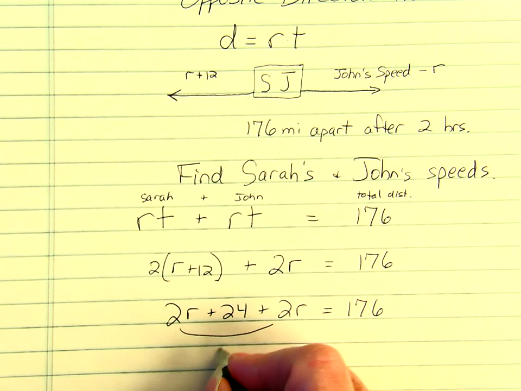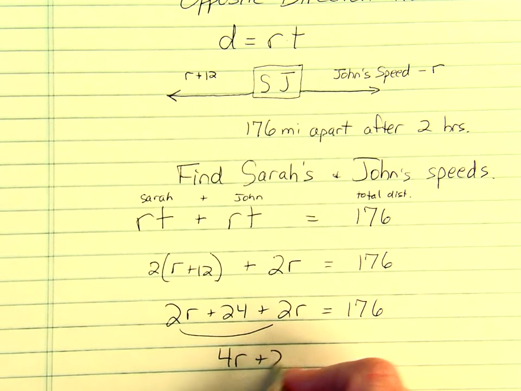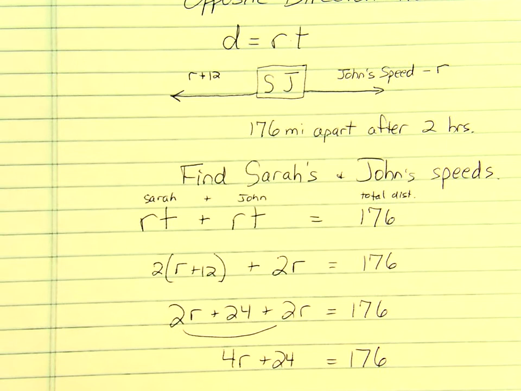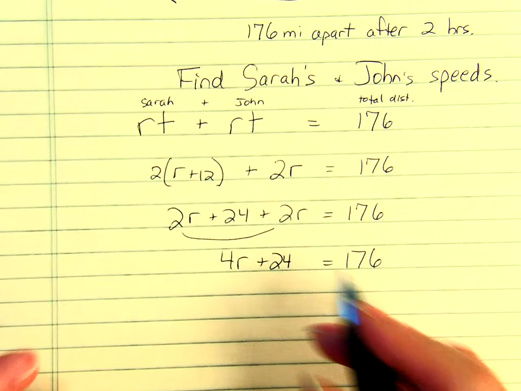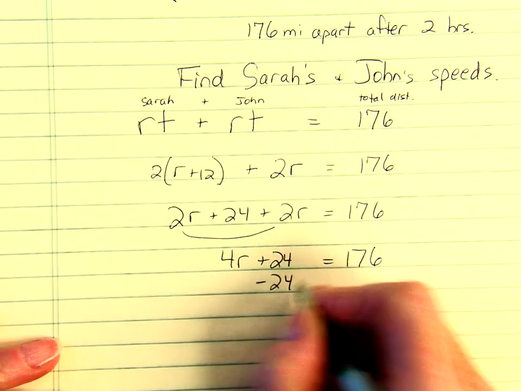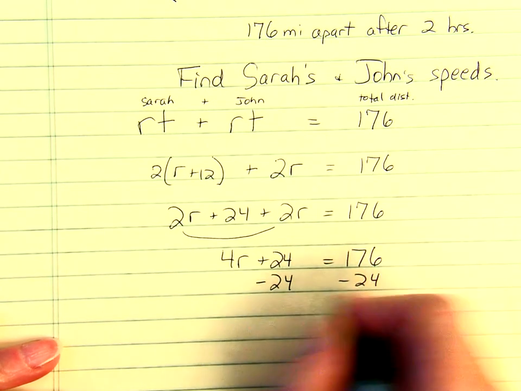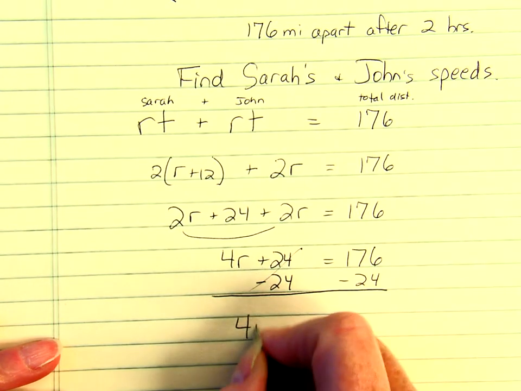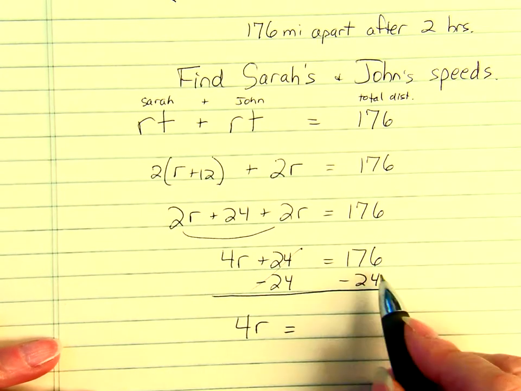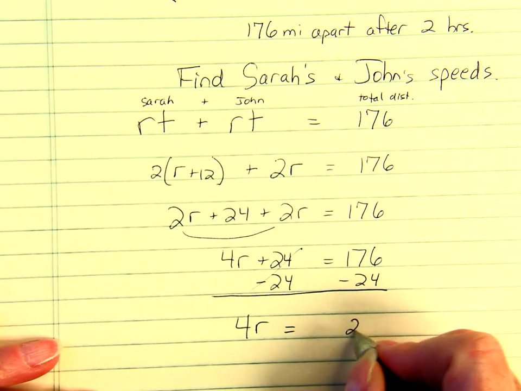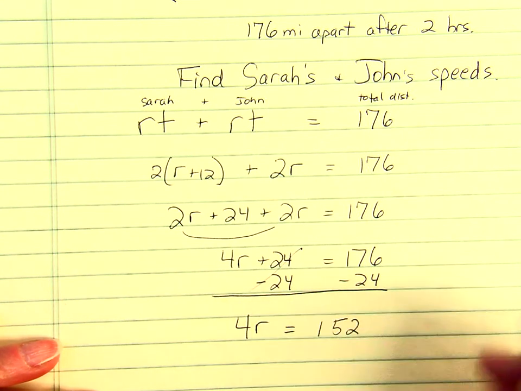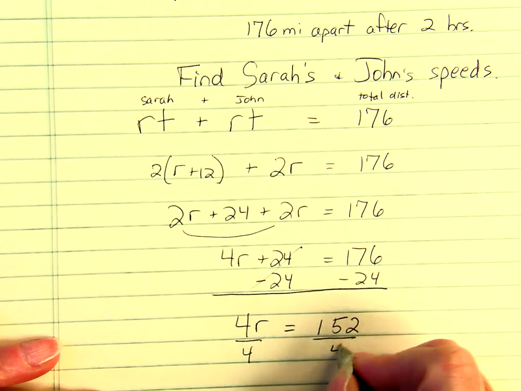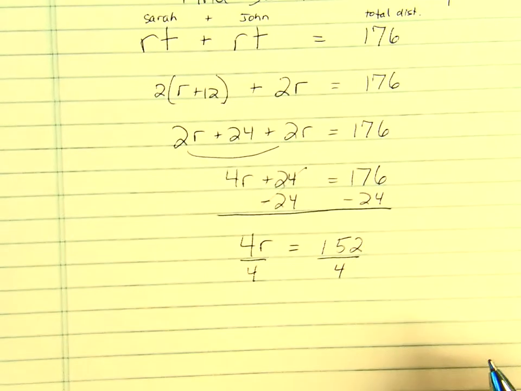Combining my like terms, I have 4R plus 24 equals 176. Using the subtraction property of equality, subtracting 24 on both sides, I have 4R equals 152.